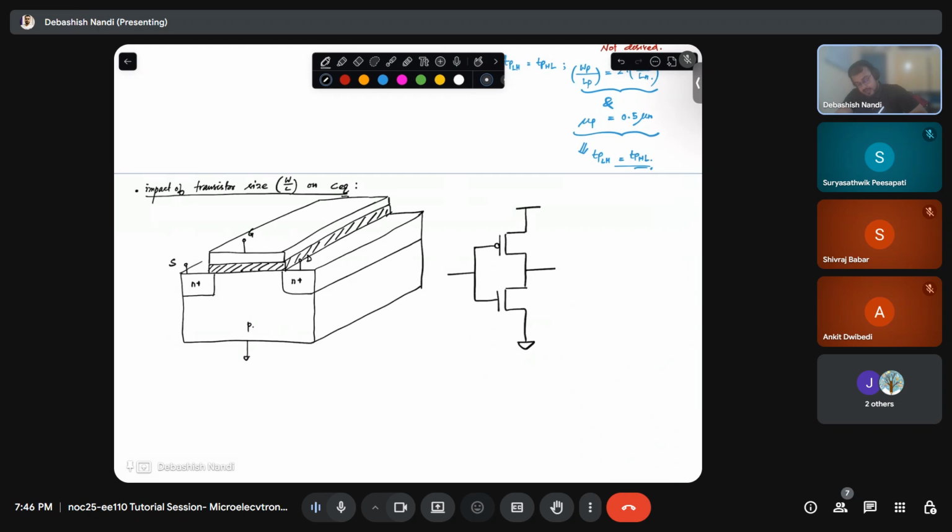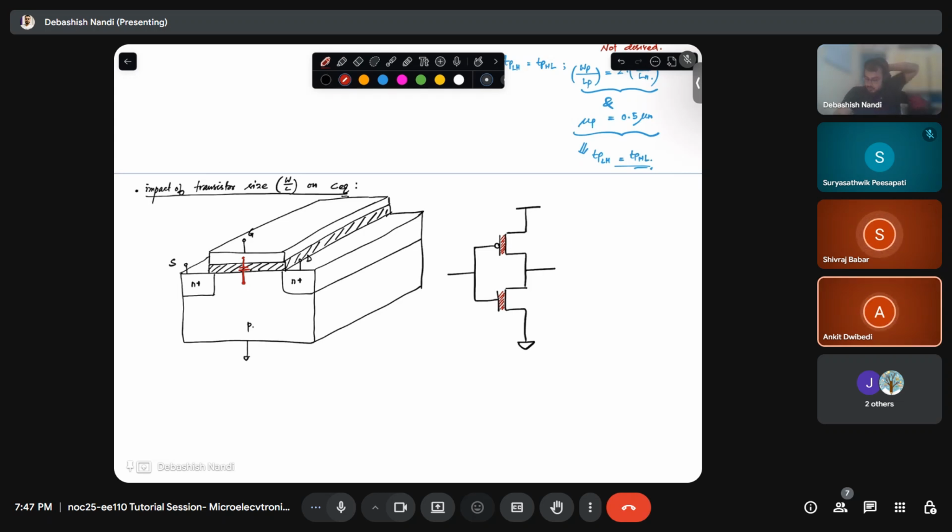Let's say your drain side is like that. So there will be an oxide capacitance, this capacitance you are talking about. This oxide capacitance is this capacitance, right? Yes, sir. And what about the other capacitances?